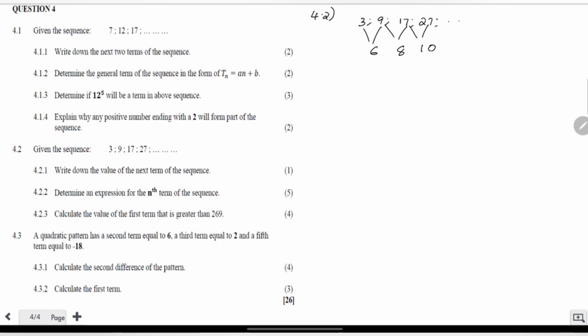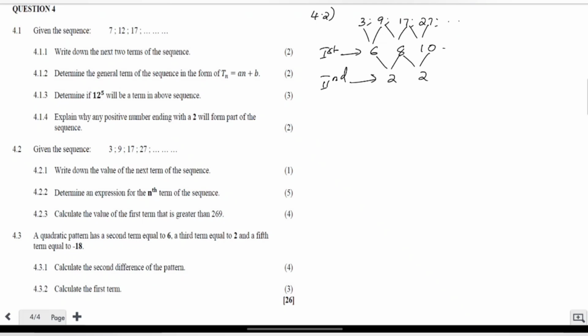I can see that this is obviously not a linear pattern, so it is quadratic. 8 minus 6 is 2, then 10 minus 8 is again 2, so it's quadratic. This is our first difference, and this one is our second difference. So second difference the same means it is quadratic. I hope you know this.